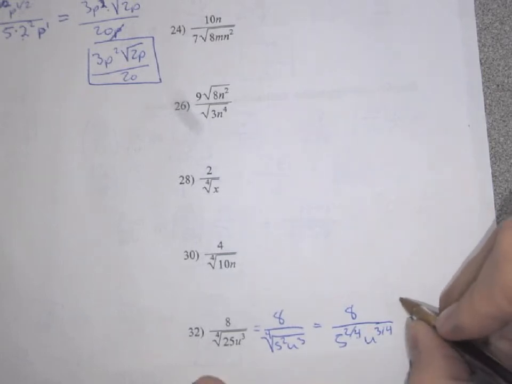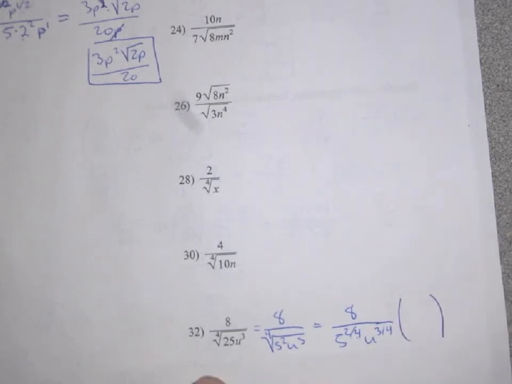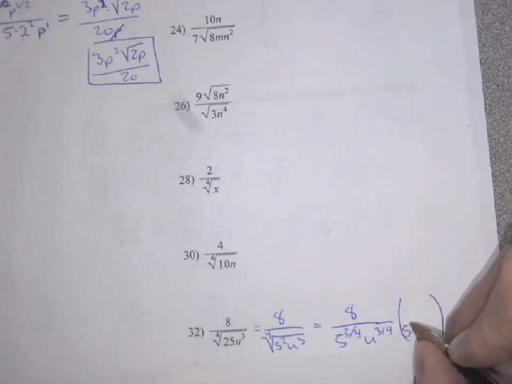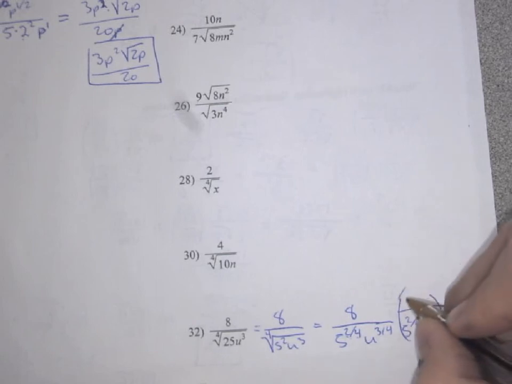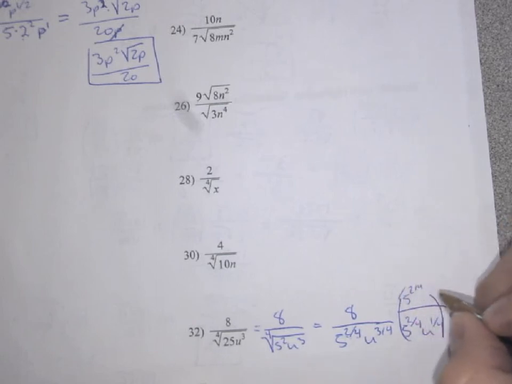So what we need here is to complete this, so this is a whole number, and we need to complete this guy so it's a whole number as well. So I need to have 5 to the 2/4, because that will give me 4/4, and then I need to have u to the 1/4. Okay, so on top, same thing, 5 to the 2/4 over u to the 1/4.